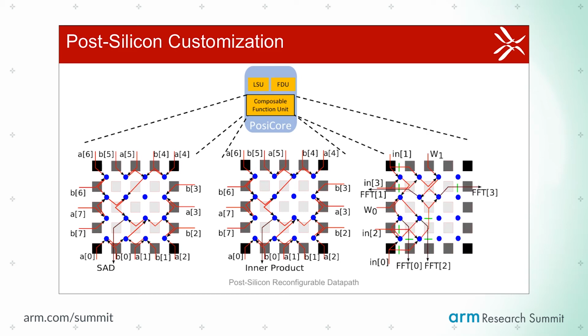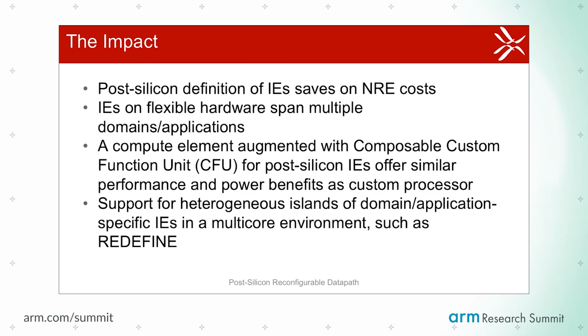Yet another example of an IE that is realized on the CCFU is the radix 4 FFT operation. It is evident that the NRE costs are saved due to the support provided by the hardware platform in terms of PoSiCore.